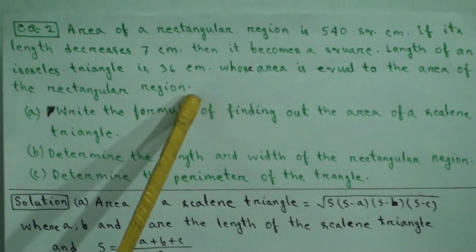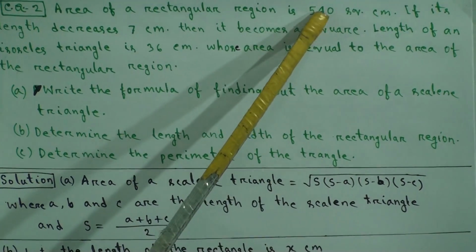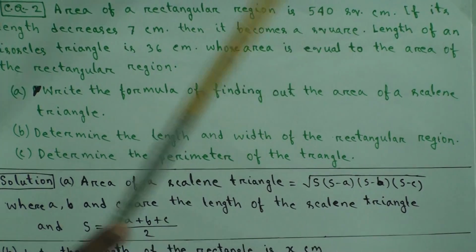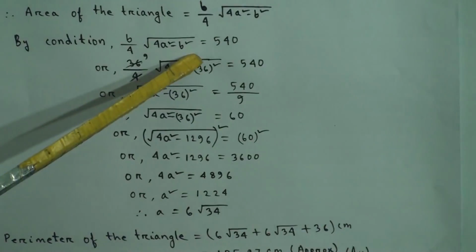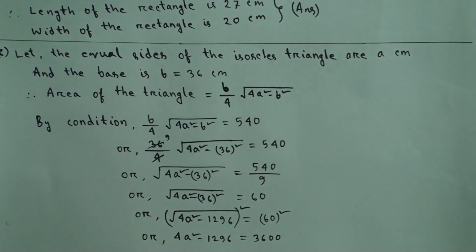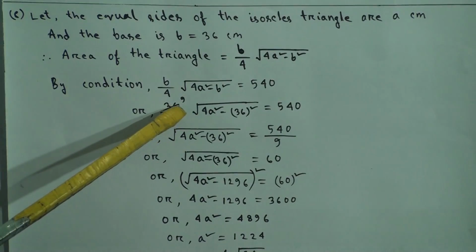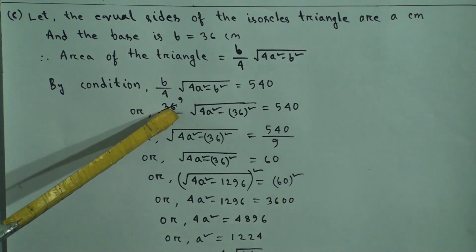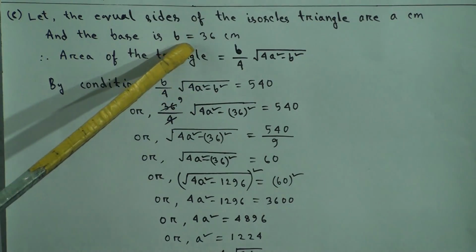That means area of the triangle is equal to the area of rectangular region, and area of rectangular region is 540. Now putting the value of b, here value of b is 36 because base is 36.